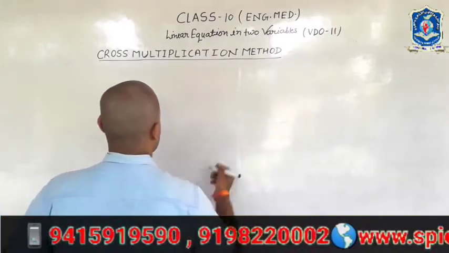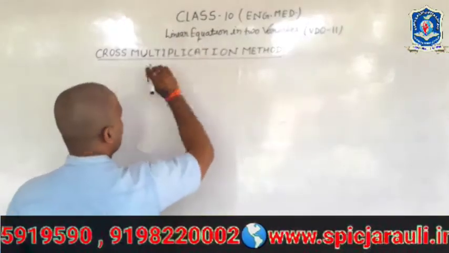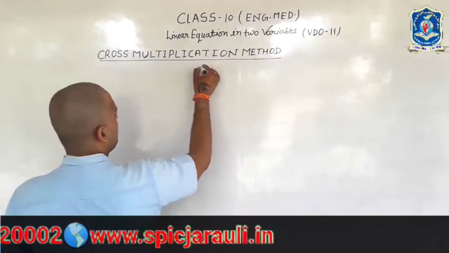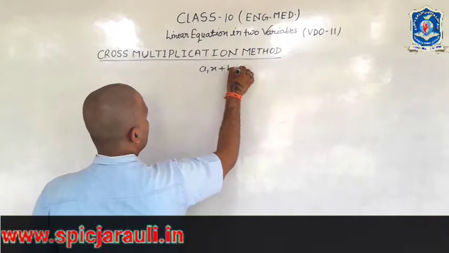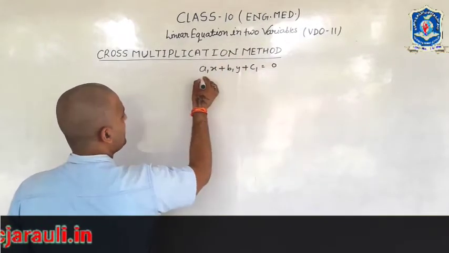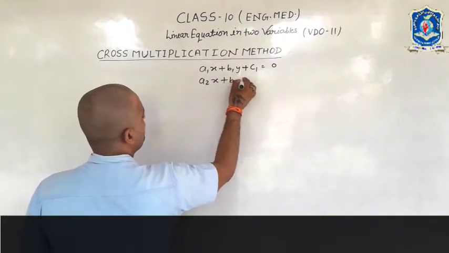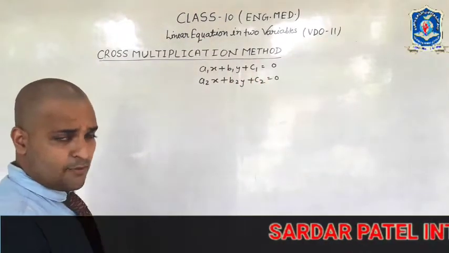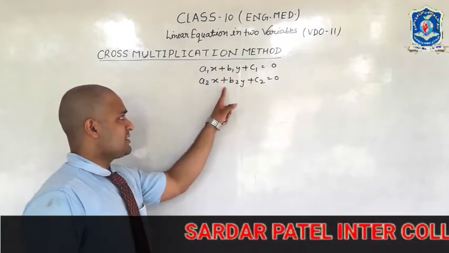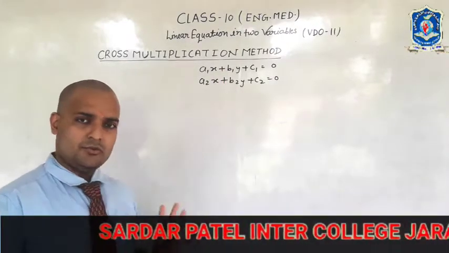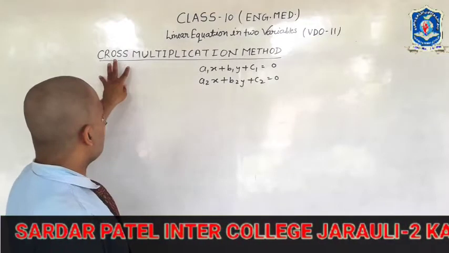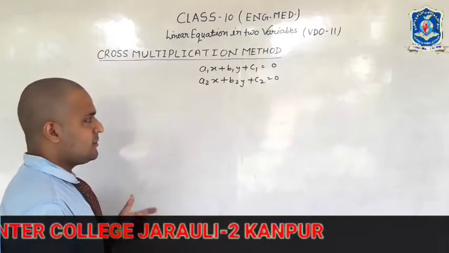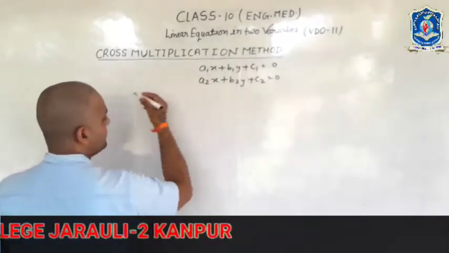Students, we already know that the simultaneous linear equations in two variables will be a1x plus b1y plus c1 equals 0 and a2x plus b2y plus c2 equals 0. This is the simultaneous form of linear equations in two variables. Now we use the cross multiplication method. Please understand very carefully.